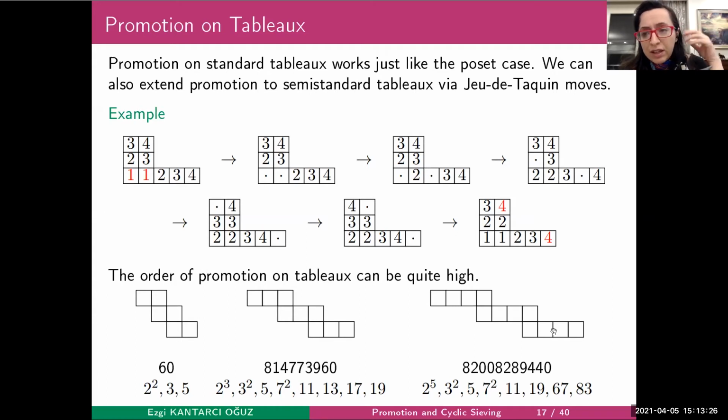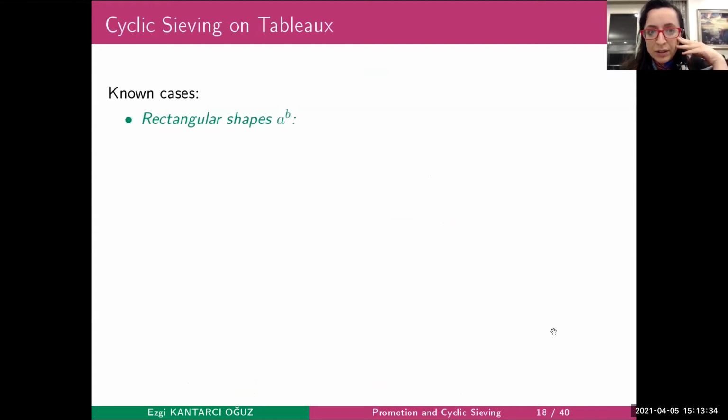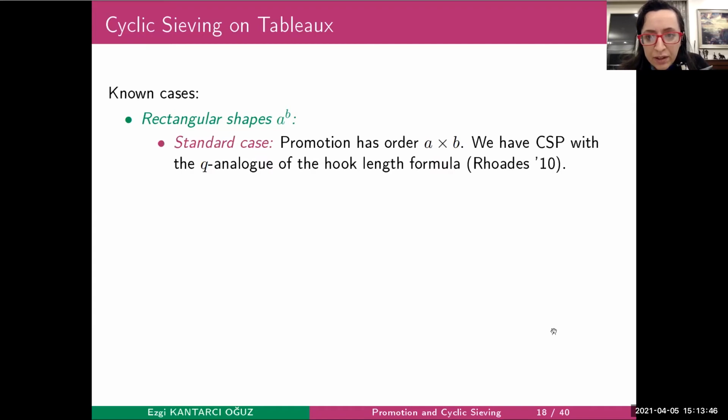That's why the research so far has been focused on some very specific examples where promotion is nice. So there are two types of known cases so far. One is the rectangular shapes of size A by B, and there's Brandon Rhodes' paper from 2010.